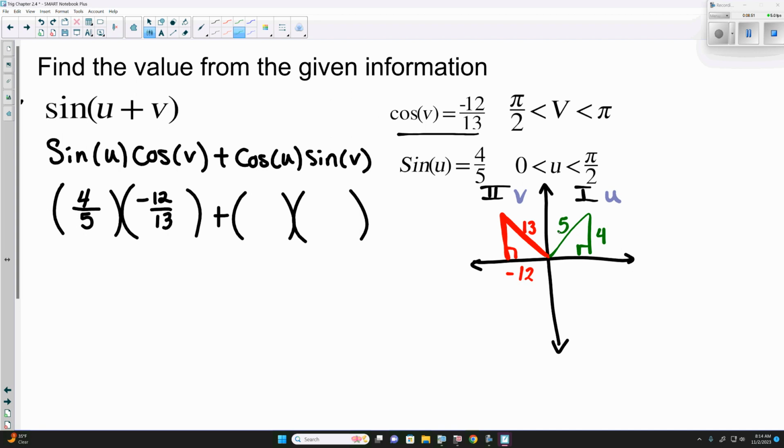Now, out of the two of these, our one with u, I have a feeling you know what the third side is. Three, because it is a 3, 4, 5 right triangle.